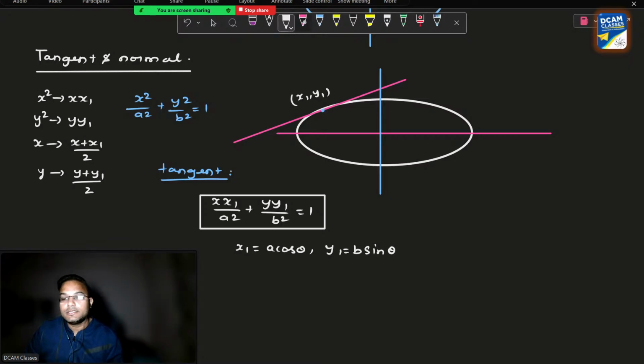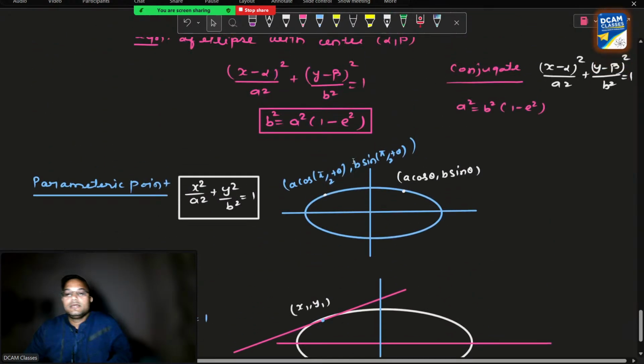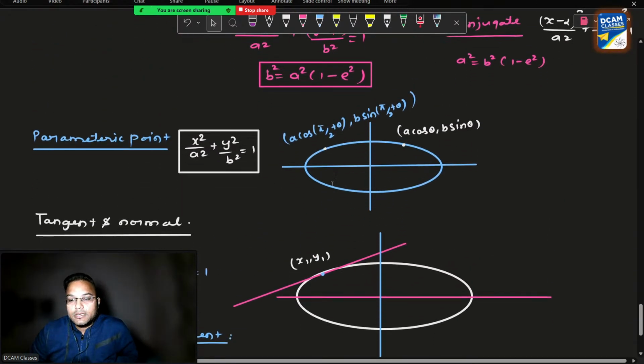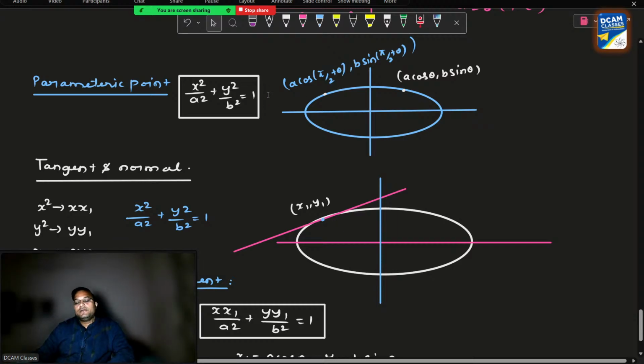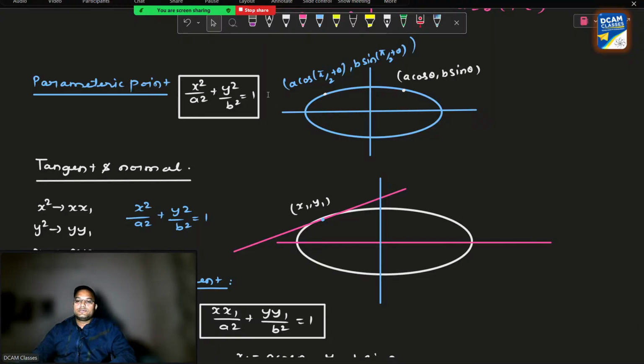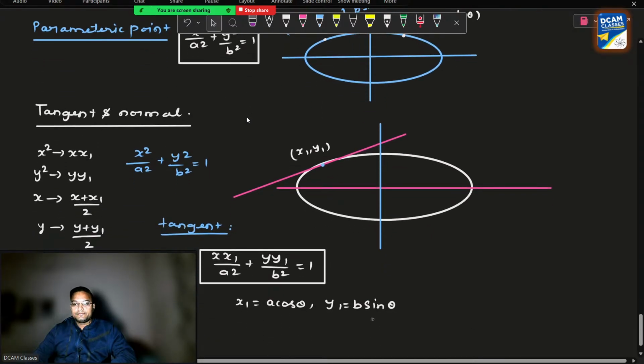We have just covered that parametric point. We can take any point on the ellipse as a cos theta comma b sin theta because it eases the calculation. Sometimes people take a sin theta comma b cos theta also. It's not a problem, but it's a general practice to take a cos theta comma b sin theta as a parametric point on ellipse.